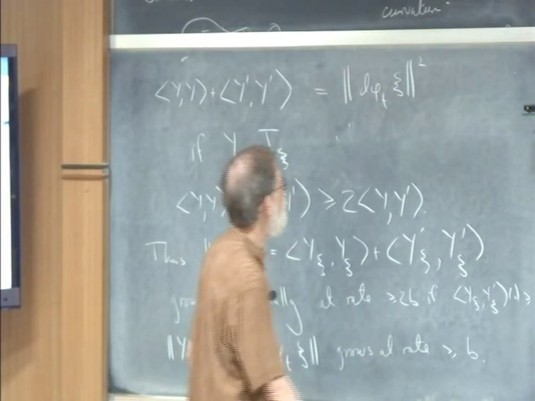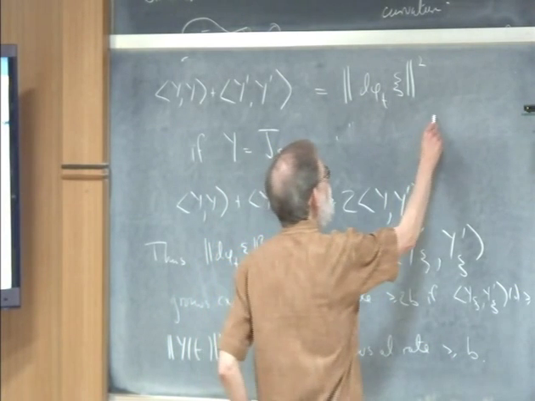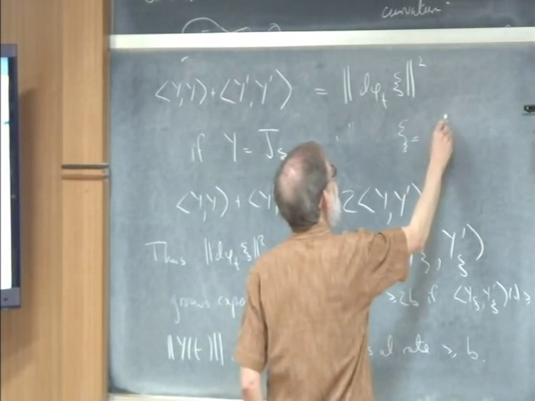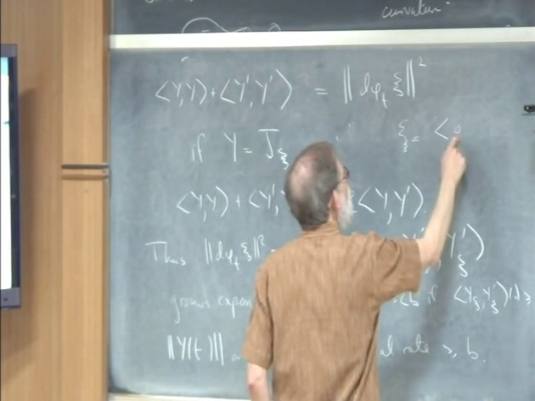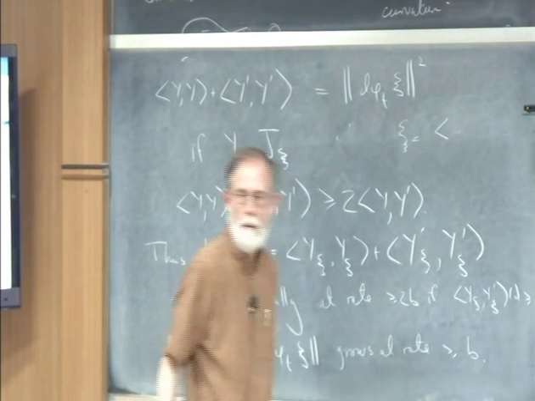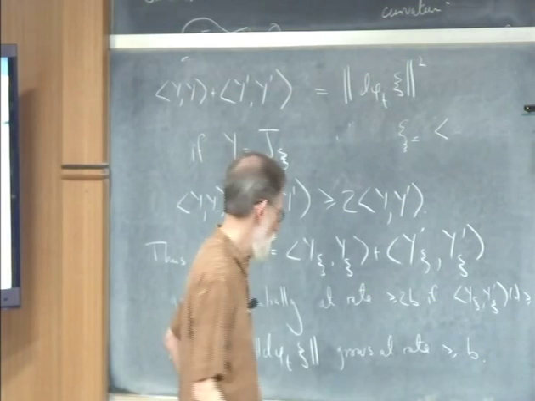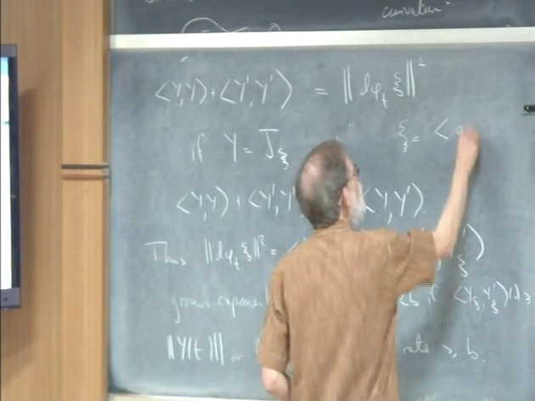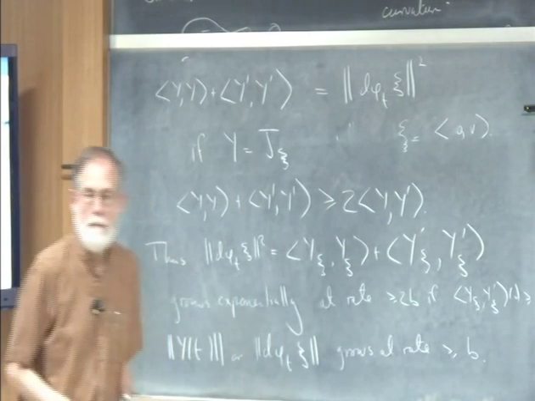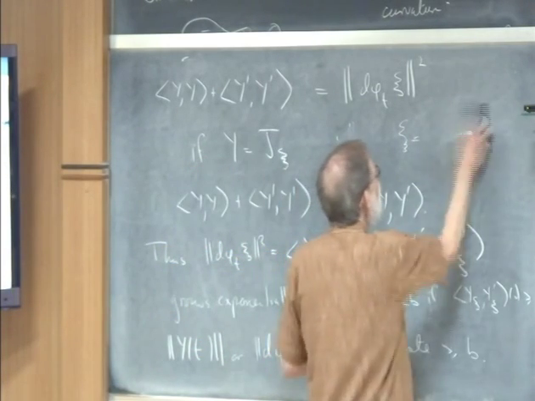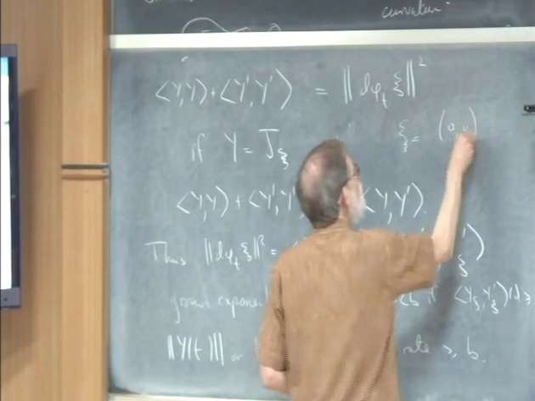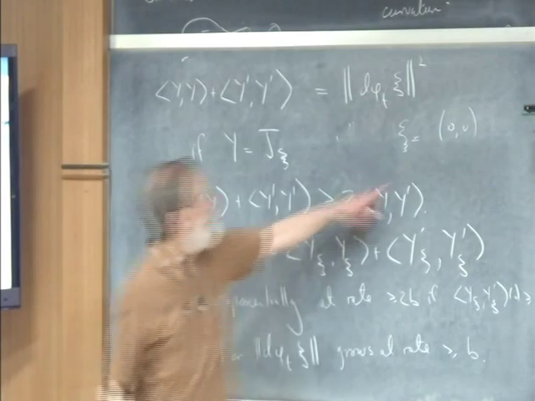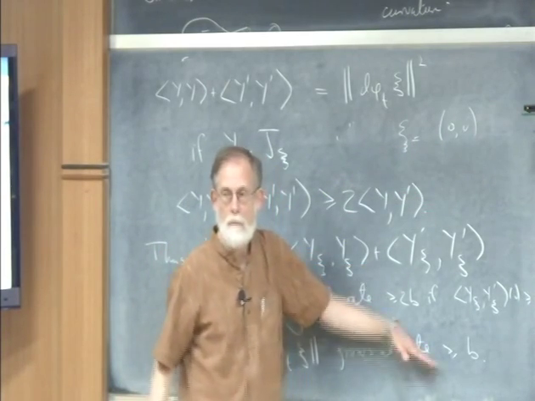So if I put ξ equal to (0, b), any initially vanishing Jacobi field is going to have this growth rate.